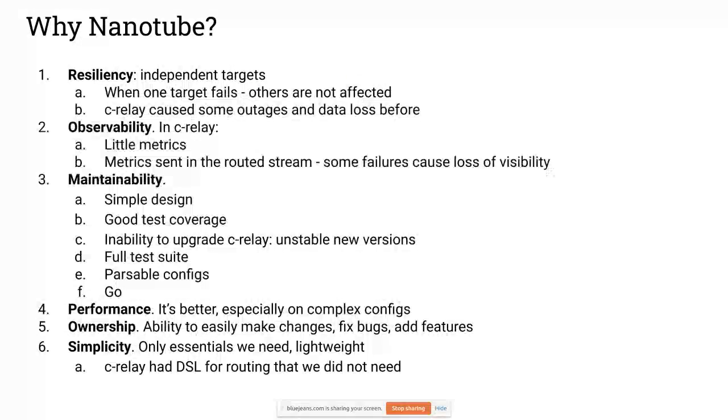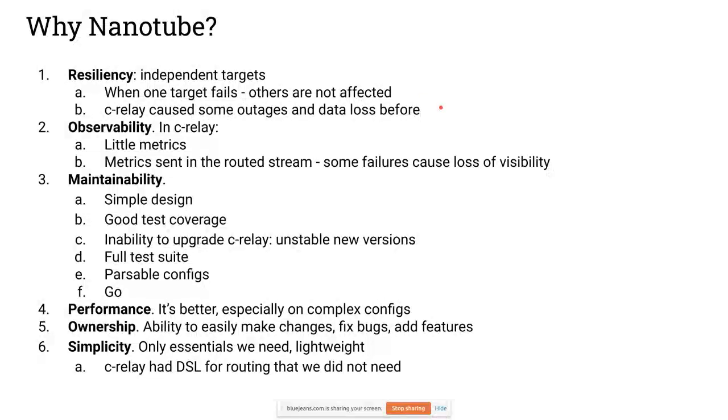This means that if one of the target storages would fail or blip, sometimes that would cause other targets to be affected as well. And since the router performs the functionality of data duplication, in order for the replicas to be real replicas, they have to be independent.